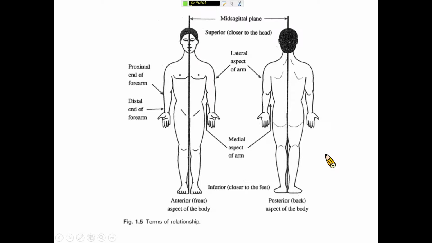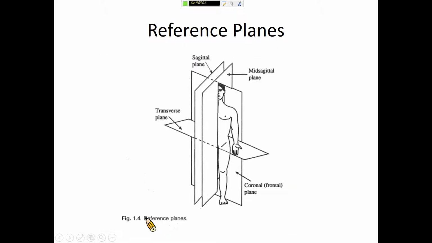If you move your body parts anteriorly, forward, in front of the, what is this plane?